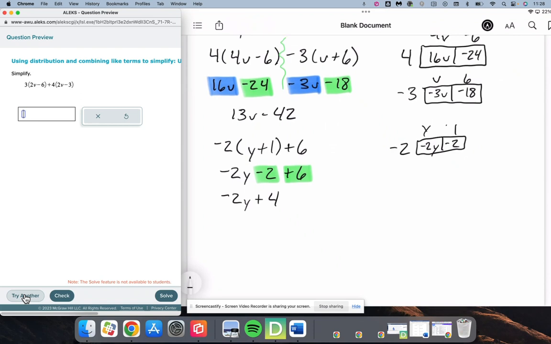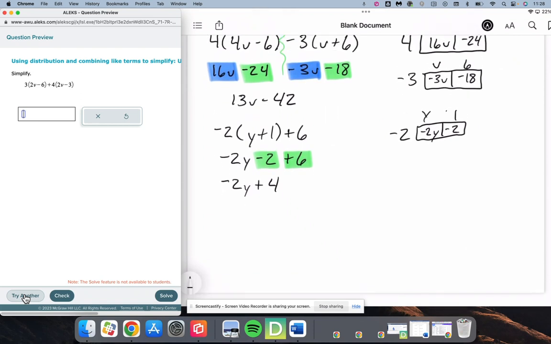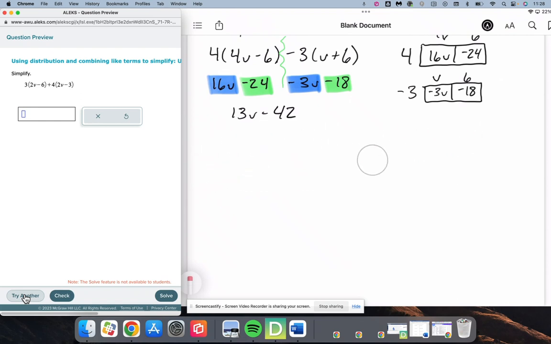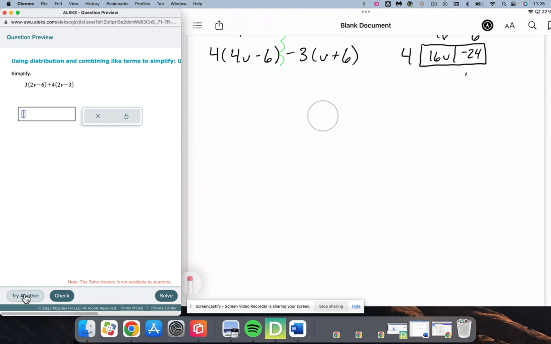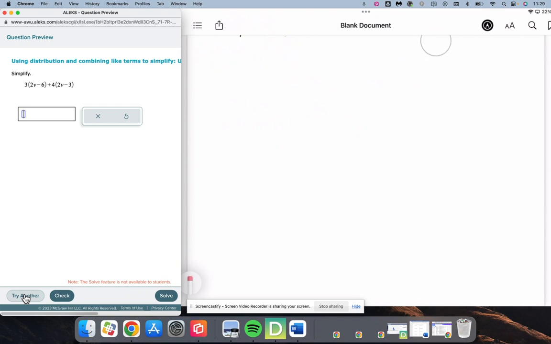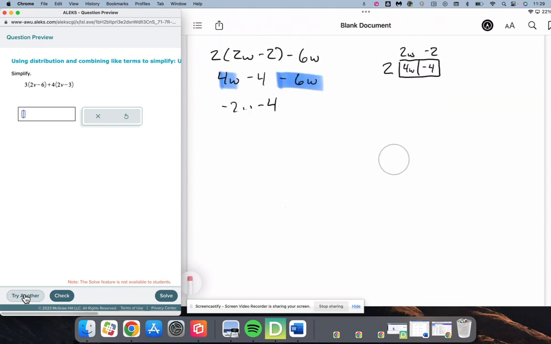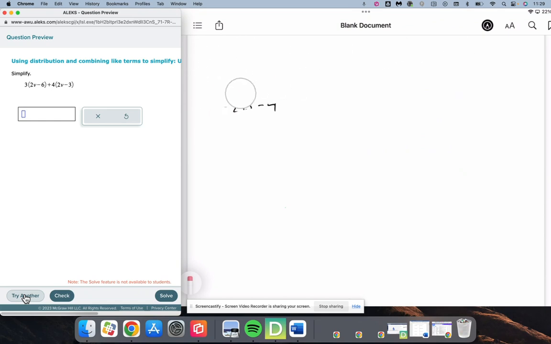Okay, and we did get another one that is a little bit more on the complex side, so I need some room. If you need to, pause to write this down. I'm going to erase. Okay.